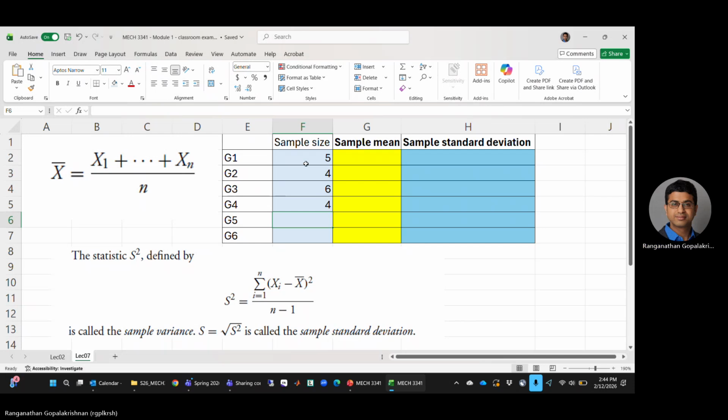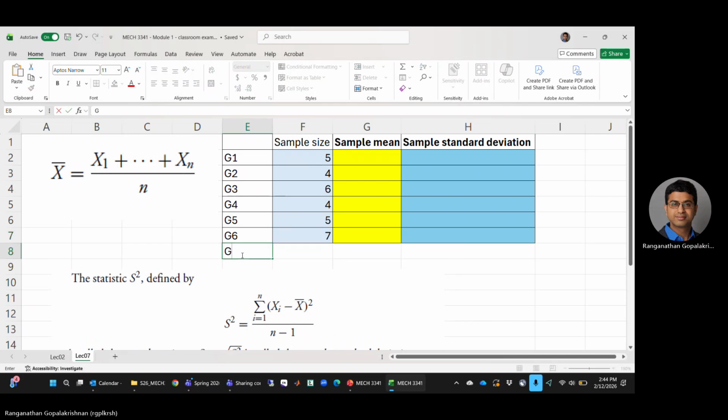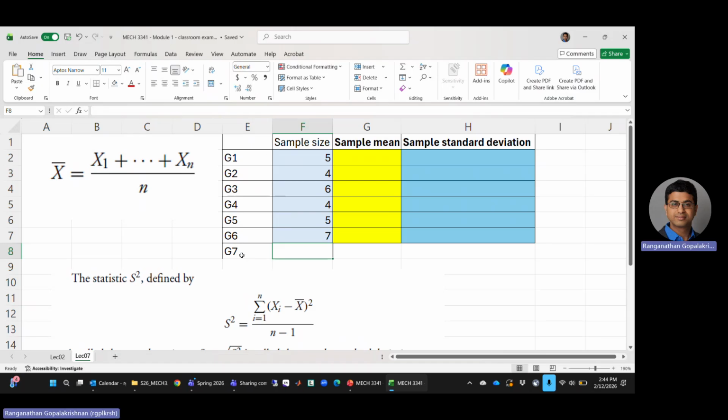Group 5, sample size is 5. Group 6? 7 of you, right? And group 7 is the last row, 4.